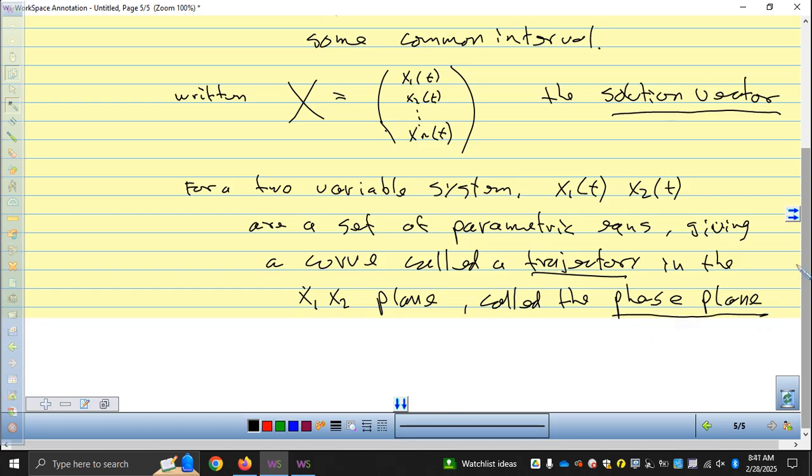So if our system is x and y, we have x of t and y of t, and our plane is the xy plane, and we get the parametric equations for curves in the xy plane.